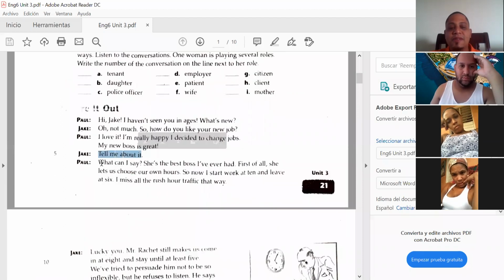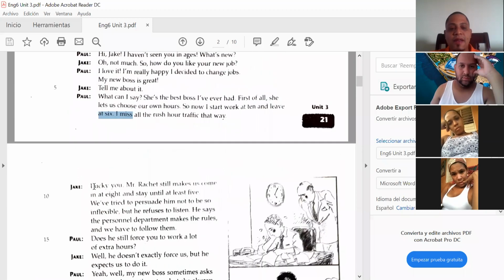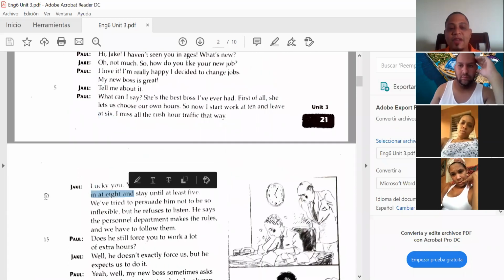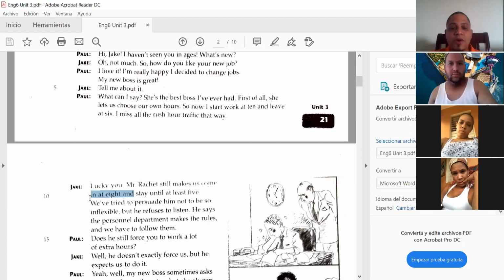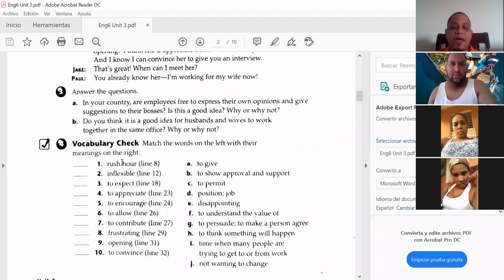If you continue, it says 6, 7, 8, 9 and 10. You see? So that word says that we have to go to line number 8 to find it.